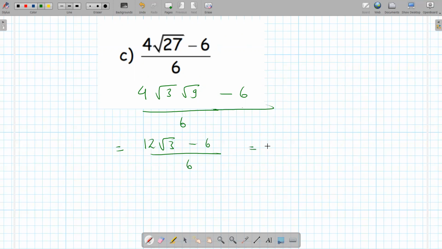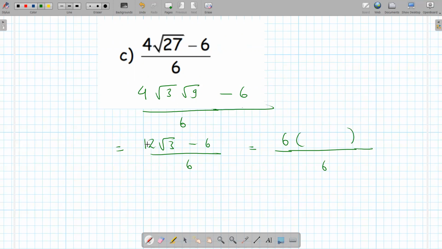No, you can pull something out in the numerator. Tell me what you can pull out and what would be left in a bracket, because you can cancel this. The negative 6, maybe? No, just 6, because 6 goes into both 6 and 12.